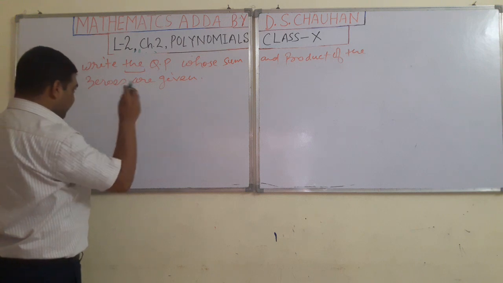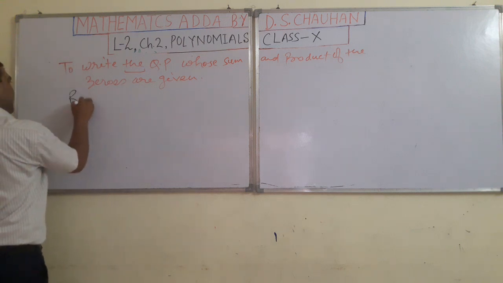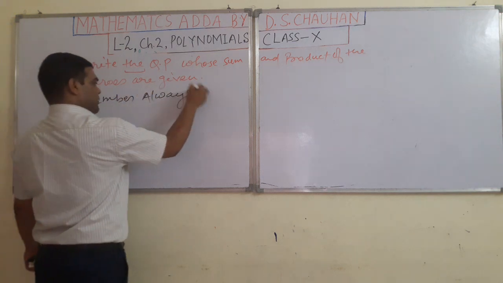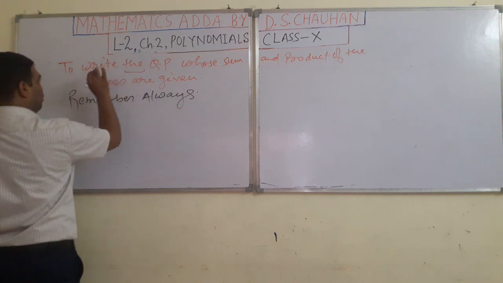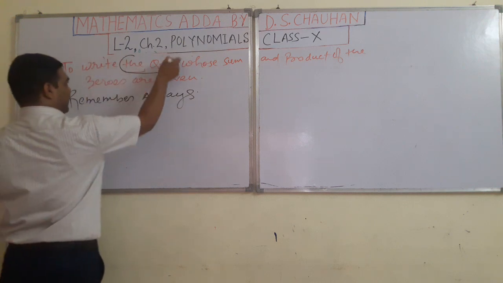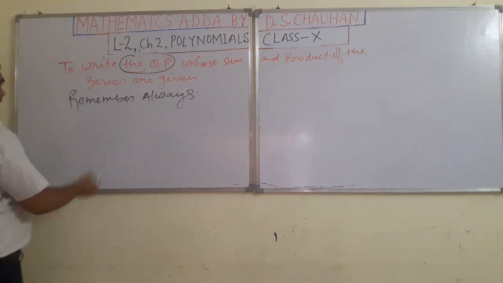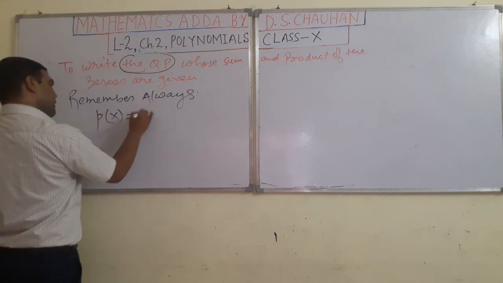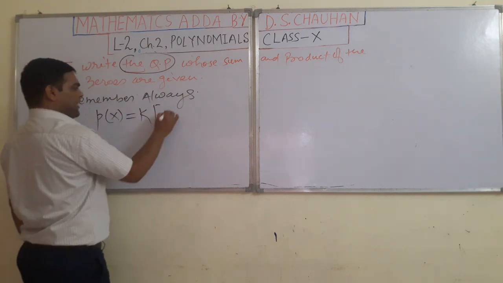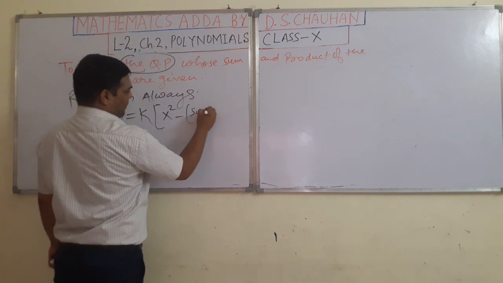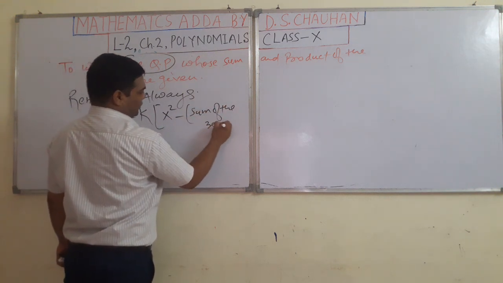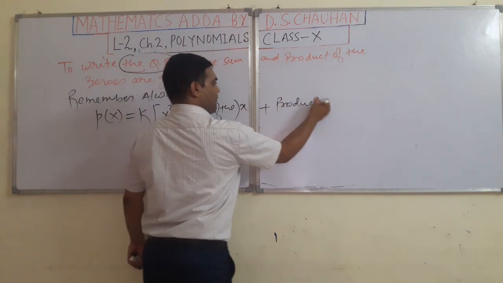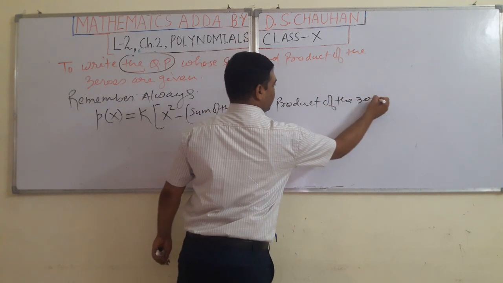First of all, students, for this always remember this formula when you have to write the quadratic polynomial. It will be p(x) equal to k times, inside the bracket, x square minus sum of the zeros into x plus product of the zeros.